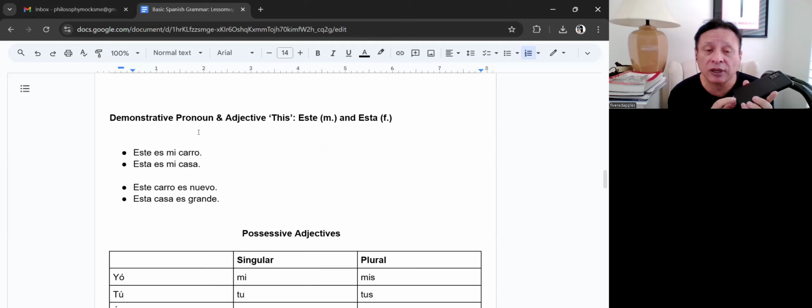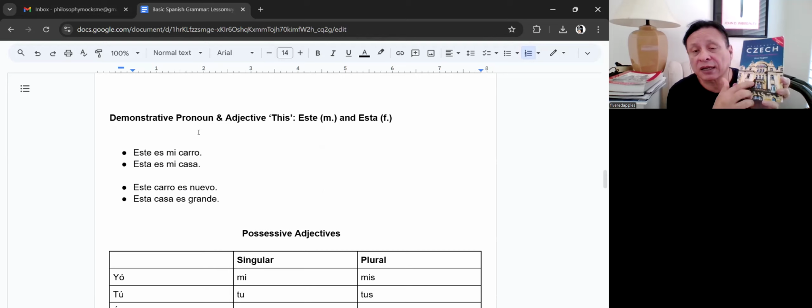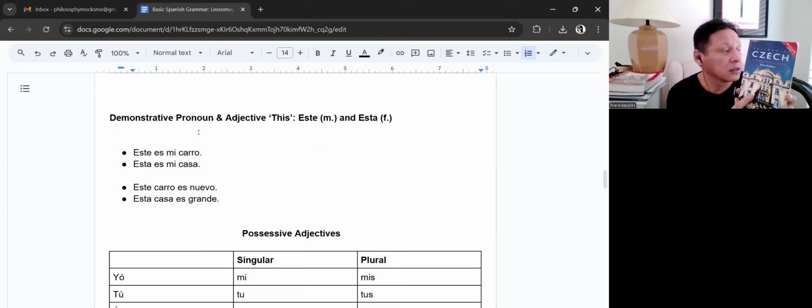So, este carro es nuevo. Nuevo is a new word. It's part of the vocabulary. It means new. We have many cognates in English to help us remember it, but it's not a big deal. We're going to see that later. Nuevo is masculine.